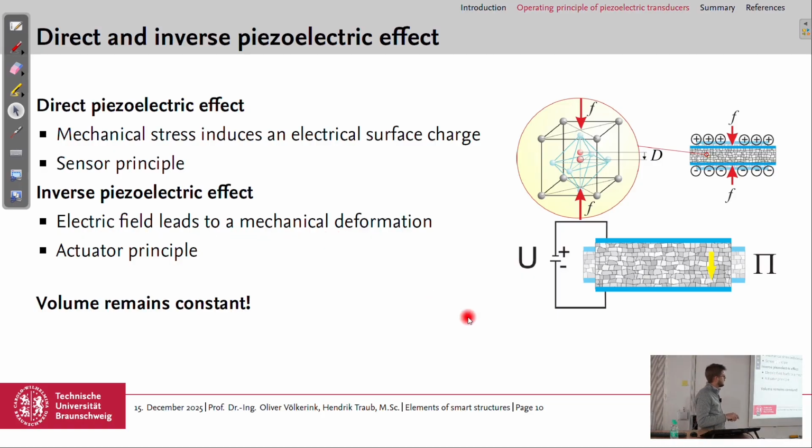So in this case, you have electrodes on the piezoceramic, apply a voltage here, and then the piezoceramic would deform, and this is the basic principle we use for actuating. So the inverse effect is for actuating. And we assume that the volume remains nearly constant.